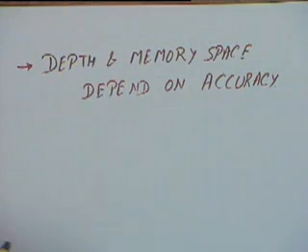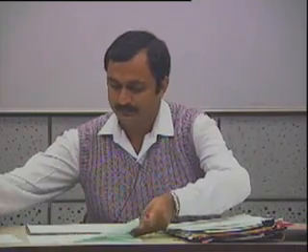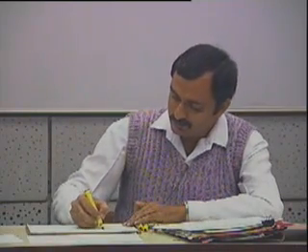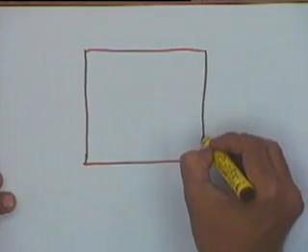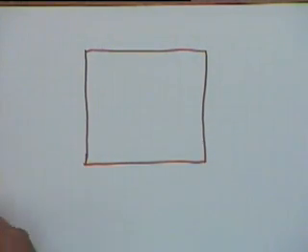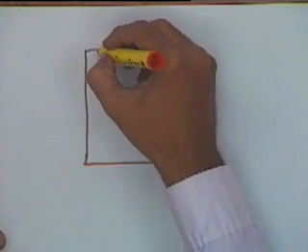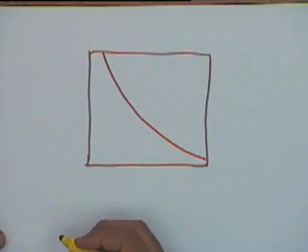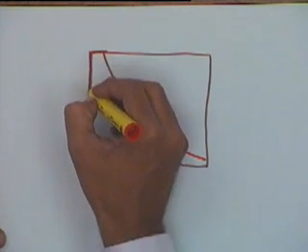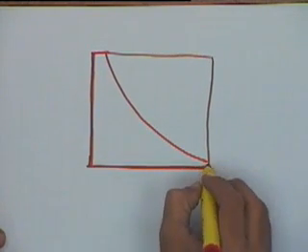The other thing that is important is this: let us say in this region I want to model a curve which looks like this, that means I want to model this area.